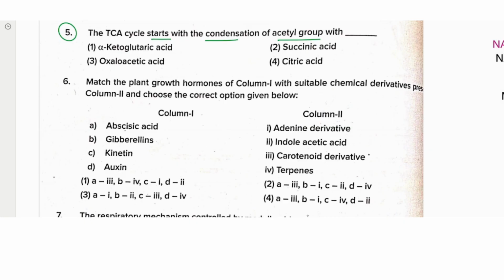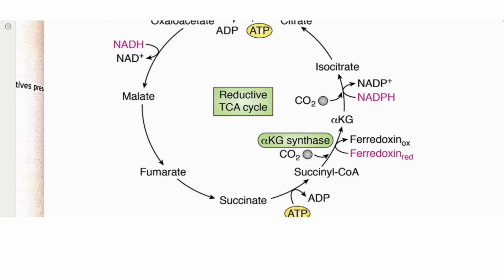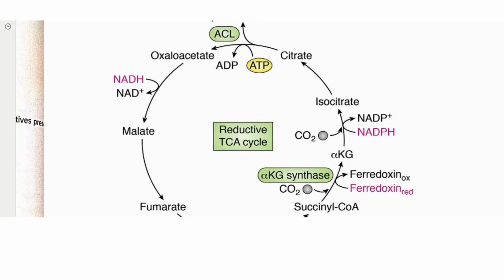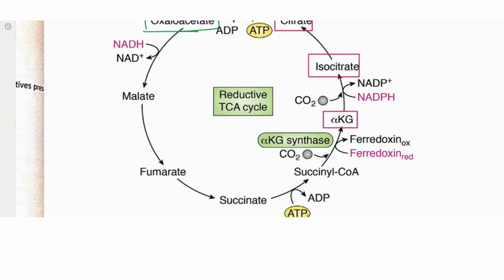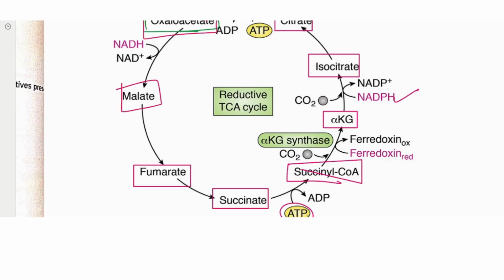Acetyl coenzyme A from the cytoplasm enters the mitochondrial matrix and combines with oxaloacetate, and together they form citrate. From citrate comes isocitrate, and from isocitrate the alpha ketoglutarate, during which one NADH is formed. From alpha ketoglutarate, succinyl coenzyme A forms, and at this stage ATP is synthesized. From succinyl coenzyme A, succinate is formed, then fumarate, then malate, then oxaloacetate, as we have seen already.